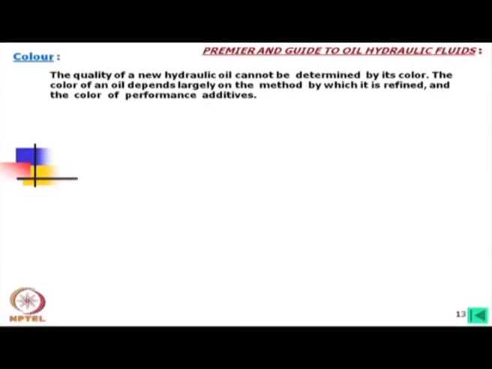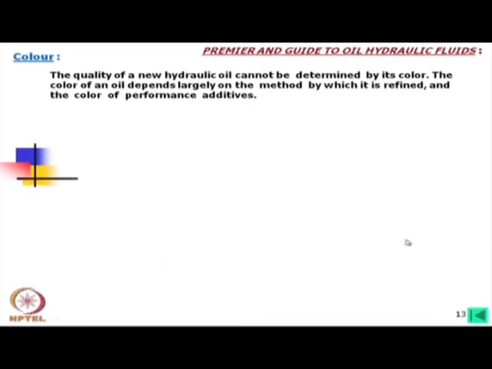I am talking about mineral oil, which is almost colorless like water, but when some additives are added, it gets a color change. However, it is difficult to understand which one is fresh oil and which one is used oil by looking at the color. Generally, hydraulic oils are fairly light in color.